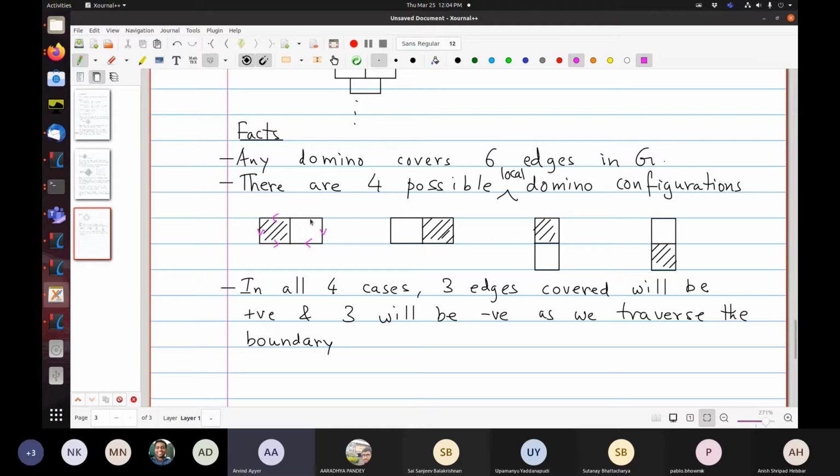So it will be like this, or so this is counterclockwise. This is clockwise. This is counterclockwise. This is clockwise.